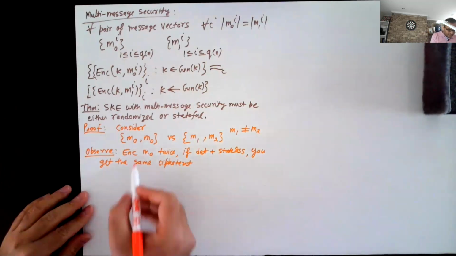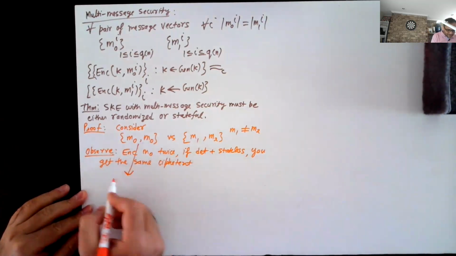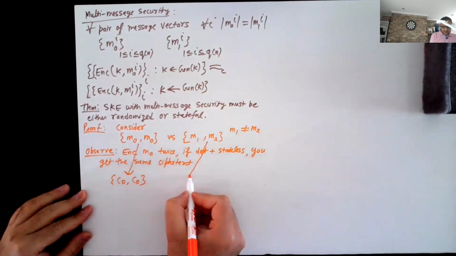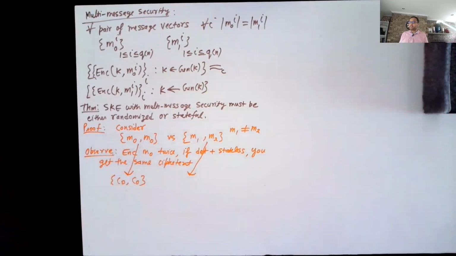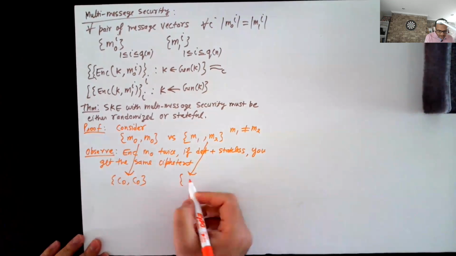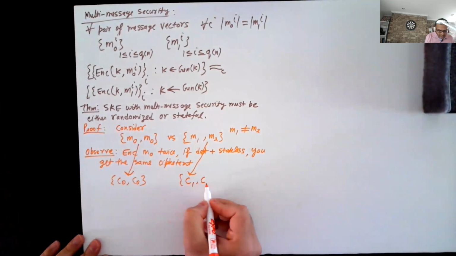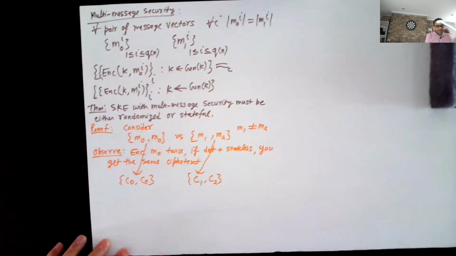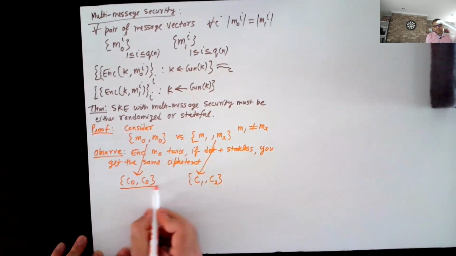So here you will end up getting something like C0, C0. Here, if you're encrypting two different messages, then the ciphertext must be different. This follows from the correctness property. Then you get C1 and C2. Okay. And can you distinguish between this and this?